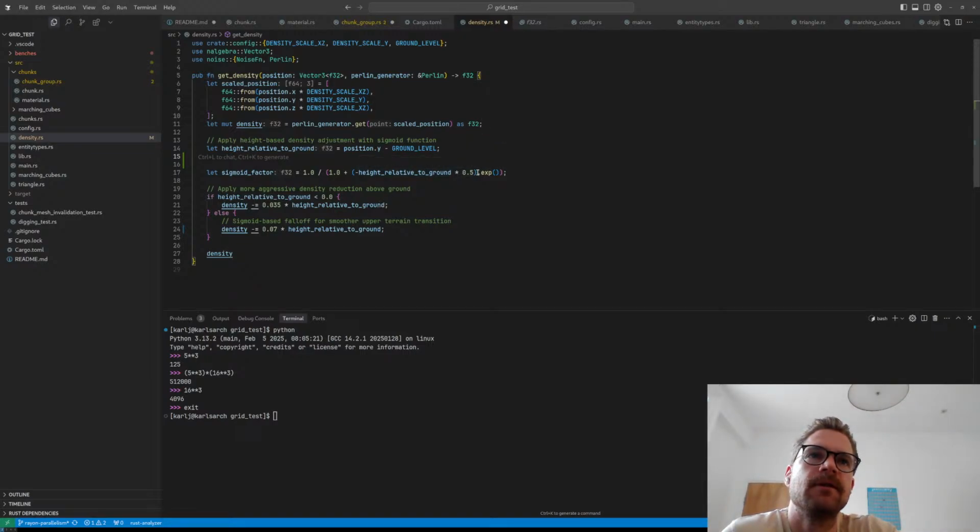And then 2 to the power of a half is going to be 1 point something. And if you're like 10 above ground, it's going to be minus 0.5. No, minus 5. 2 to the power of 5, that's going to be a lot. So that's going to be a high number. So then this number is going to become lower the higher you are.